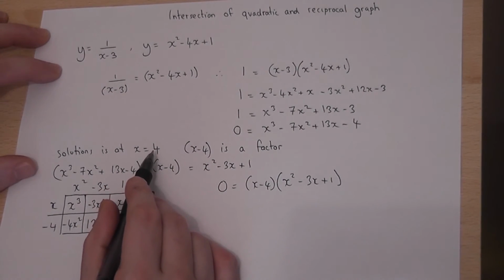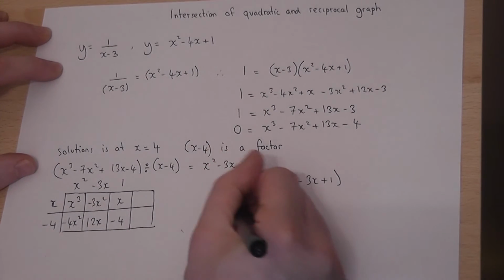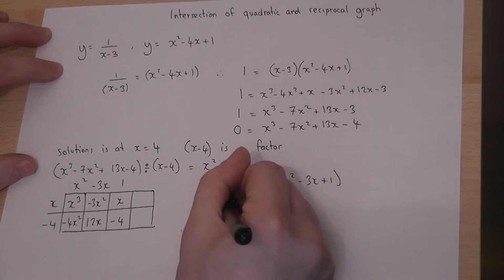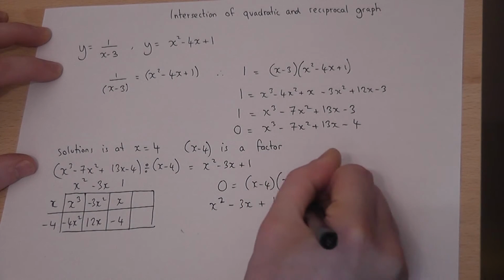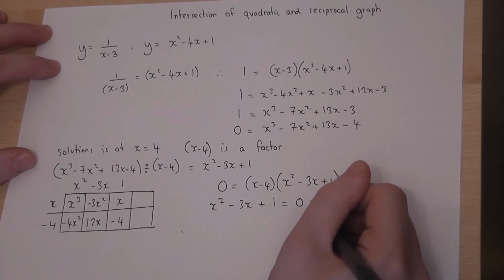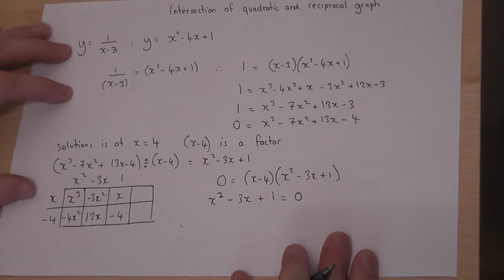To find the other two solutions, I must somehow try and solve x squared minus 3x plus 1 equals 0. And to do that, I would probably use the quadratic equation.